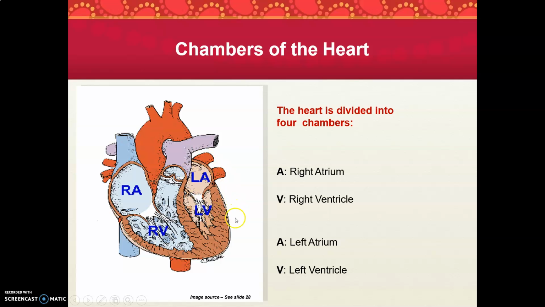If you look at the diagram carefully, you can see the thick myocardium, and the thickest of it is present in the left ventricle. Here you can see the structure of the heart with the two right-side chambers, the right atrium and the right ventricle, and the two chambers on the left side, the left atrium and the left ventricle.